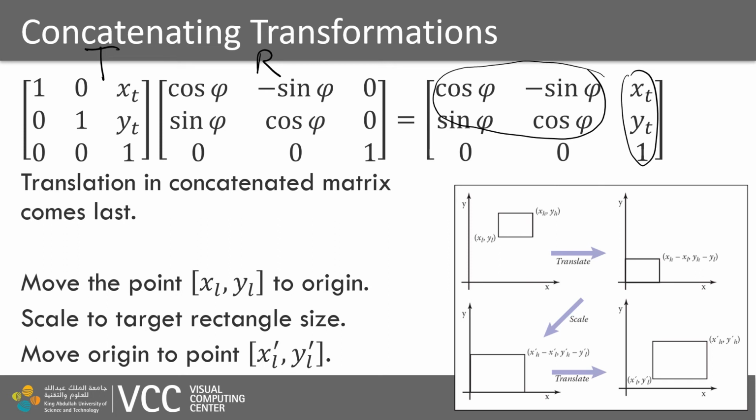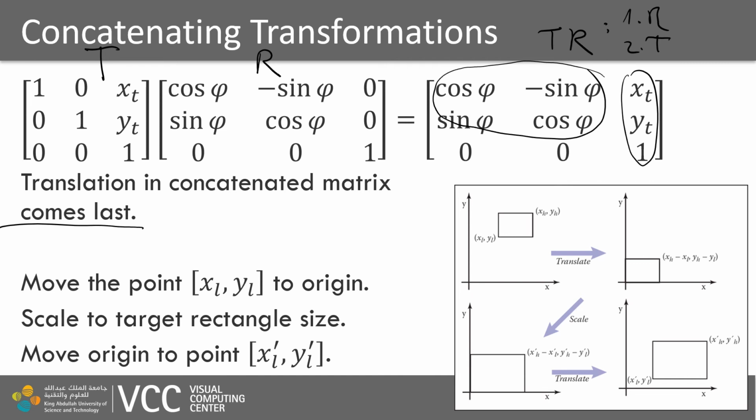So this is RT: first rotation, second translation. Okay, so the translation in the concatenated matrix comes last. Let's have a look at a simple example of using translation in concatenation with other matrices.